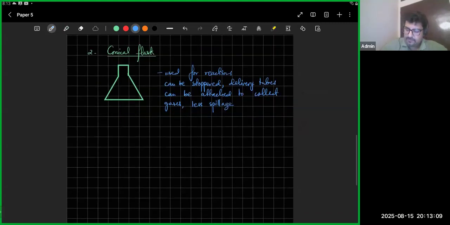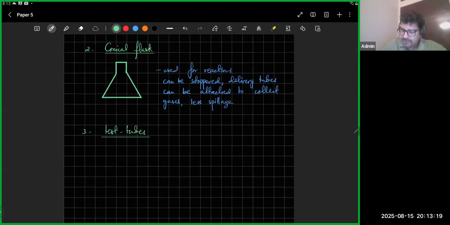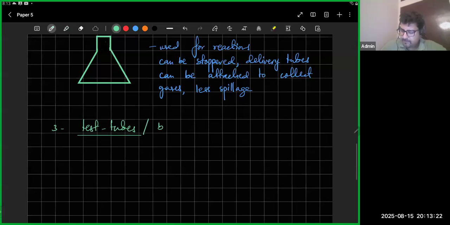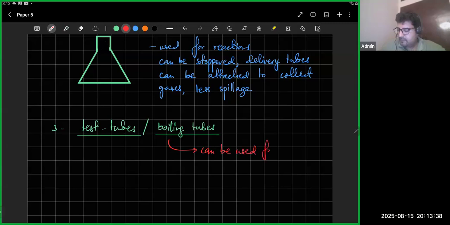अच्छा, what else do you have? You've got test tubes. So test tubes and boiling tubes. Boiling tubes are thicker. They can be used for strong heating. That's the only difference. Test tubes, जो है ना, can be used for strong heating.